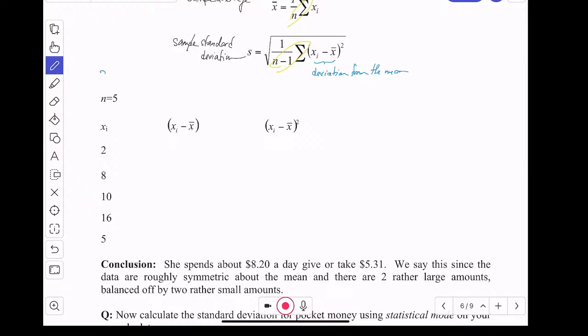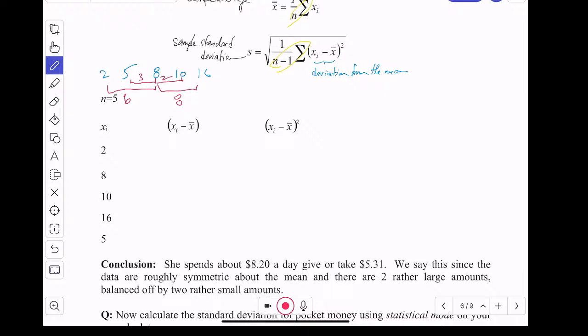Okay, so we have 2, 5, 8, 10, and 16. And the question is, is this evenly spread out? Between here and here, there's about 8 values, and between here and here is 6. So it's not perfect, but let's see if it's balanced. Between here and here is 3, and here is 2.